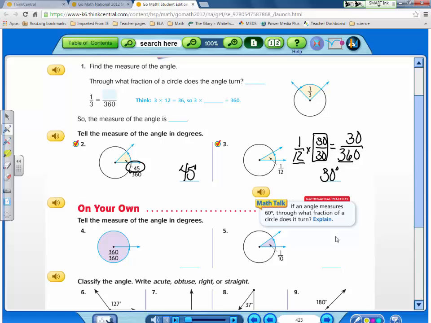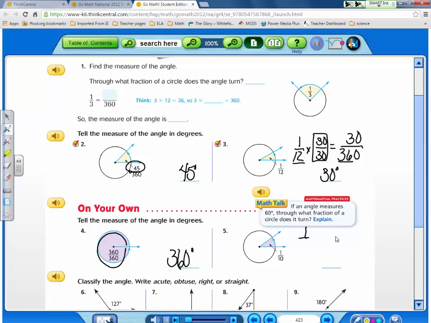Now number 4, they've gone all the way around, and they're asking how many degrees. Your answer is not going to be 1. It's asking how many degrees. So how many degrees is a full rotation? 360 degrees. Number 5, we have 1/10. I need to know how many 360ths that is.